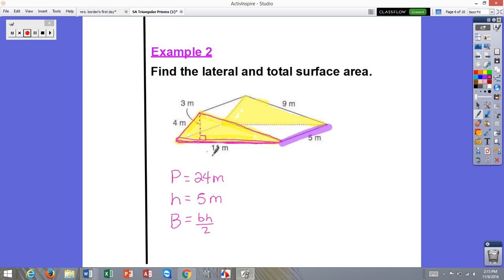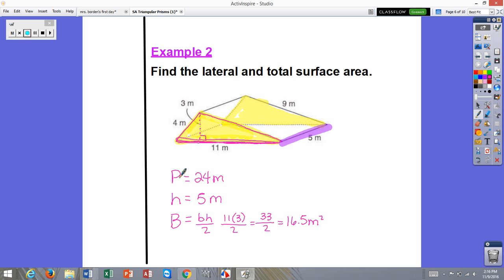So 11 meters times 3 would be my base and my height. 11 times 3 is 33, and 33 divided by 2 would give me an area of my base of 16.5. We would label this meters squared because it is area of the base.